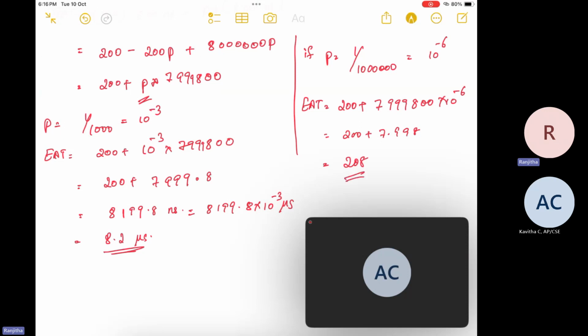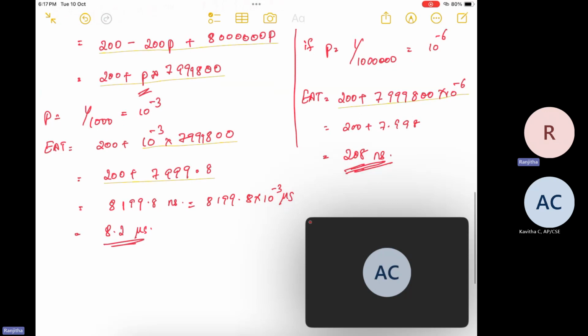Okay, so this becomes the value 208. It will be nanosecond only. So as the page fault rate decreases, we can see that the effective access time has also dropped. It's only 208 nanosecond because here the page fault rate is very low. Whereas when the page fault rate is 1,000 times more, the effective access time has also increased accordingly.